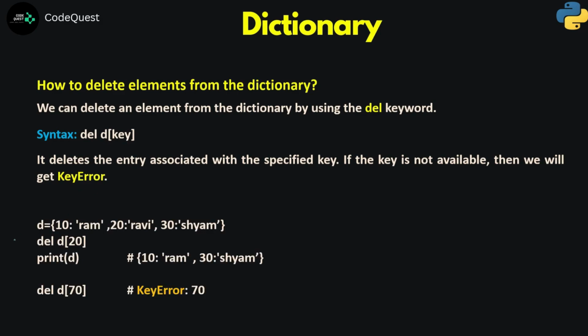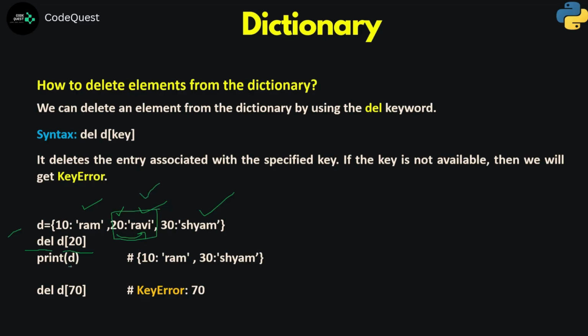Let's see, this is a dictionary here holding these 3 elements with key value pairs. Now I'm trying to write del of D of 20. So what is 20 here? The key. Because 20 is available as the key here, along with its corresponding value, this entire item is now going to be deleted.